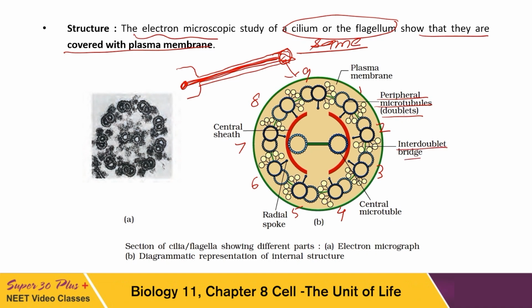At the center also we have central microtubules, which are made up of 2 units. This central microtubule is surrounded by the central sheath, and the radial spokes are connected with the central sheath. Is it right?